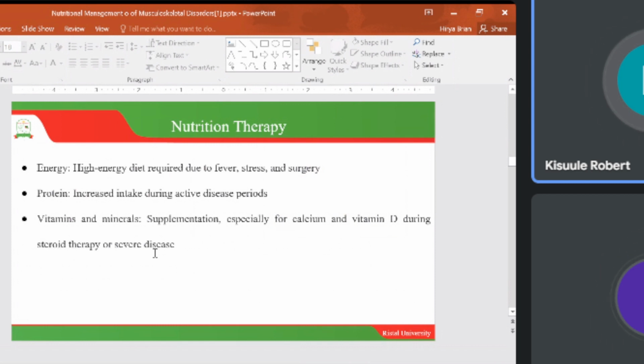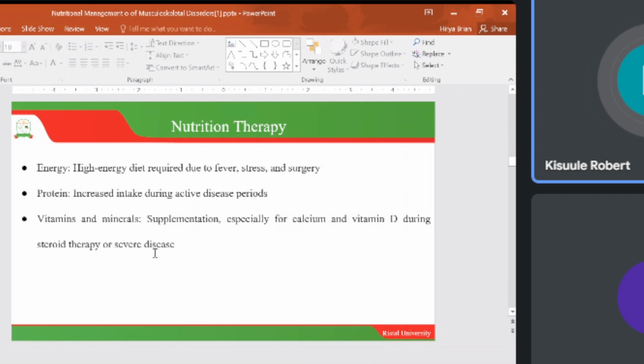Protein intake is increased during the active disease periods. Remember, we have to rebuild the tissue that has been destroyed due to inflammation. So if we need to rebuild this tissue, what we need to do is increase the protein intake. Vitamin and mineral supplementation could also be very key and essential, especially calcium and vitamin D. Remember, we are working on the tissues, including the bones, that really require this.